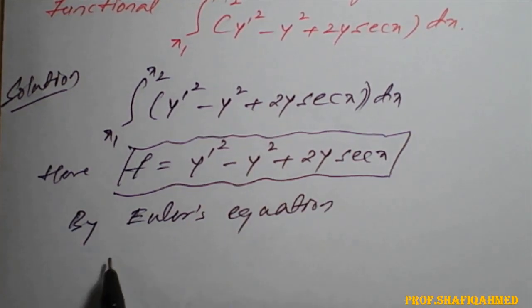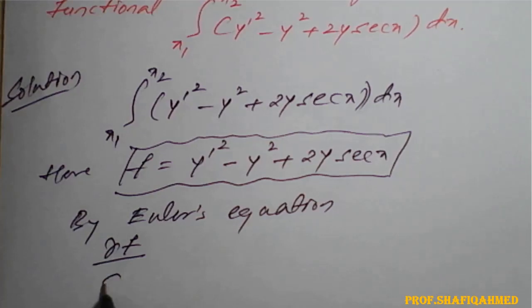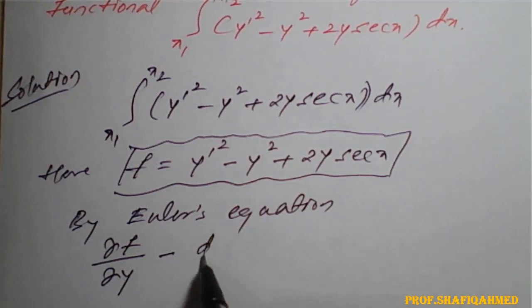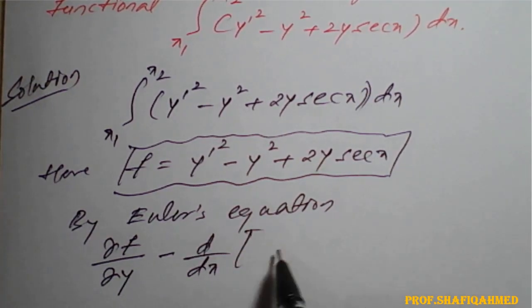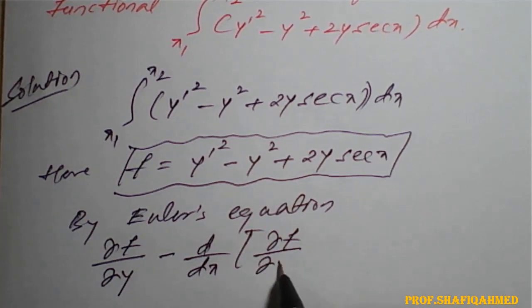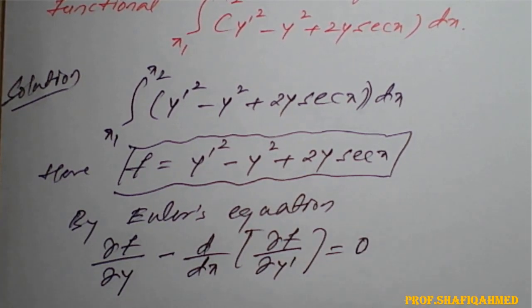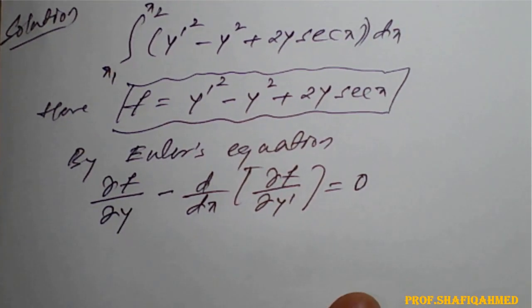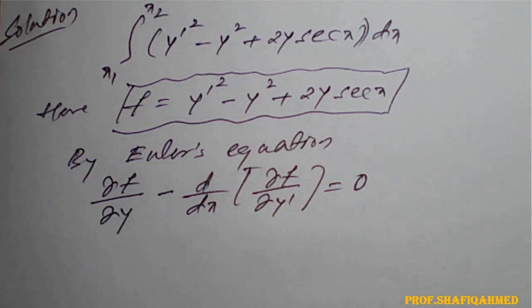So Euler's equation is given by dou f by dou y minus d by dx of dou f by dou y dash equal to 0. So this is Euler's equation. So we'll apply the value of f now.